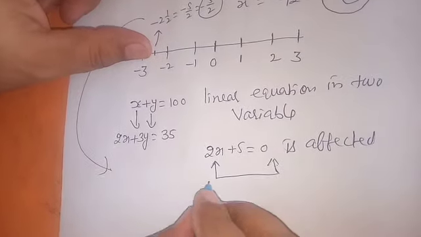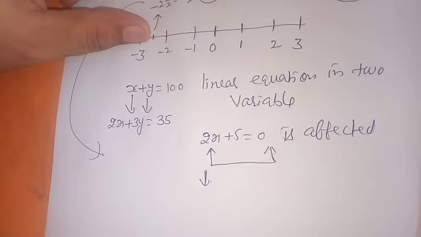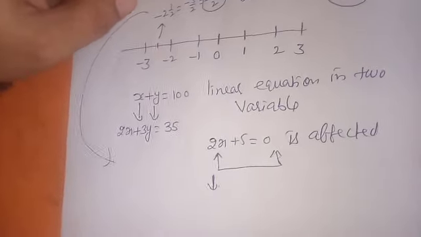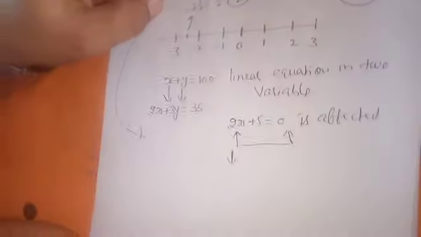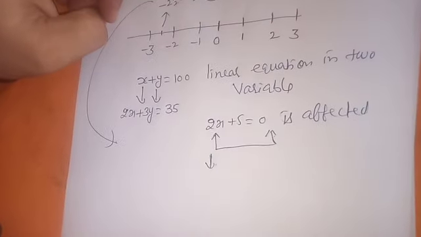Another is what? You are multiplying by the same number or same integer both sides, then also this is not affected. If you divide by the same numbers, then also this is not affected.